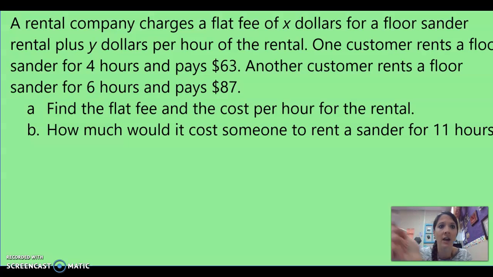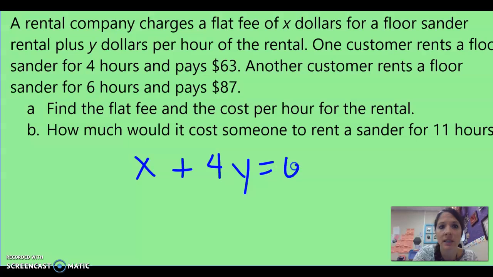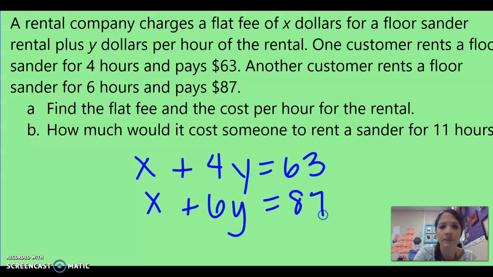Okay, we've got to figure out how to set it up. So x would be the flat fee. So one customer pays x for the flat fee plus 4y equals 63. Same thing, I'm going to have x, and this one's going to be 6y equals 87.